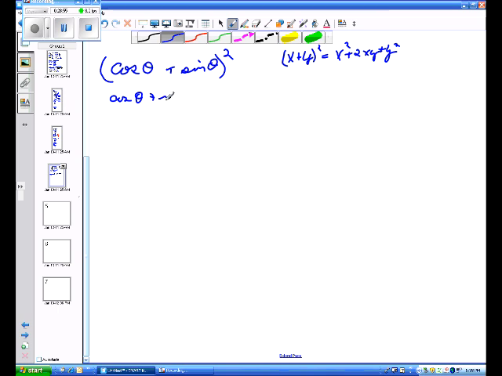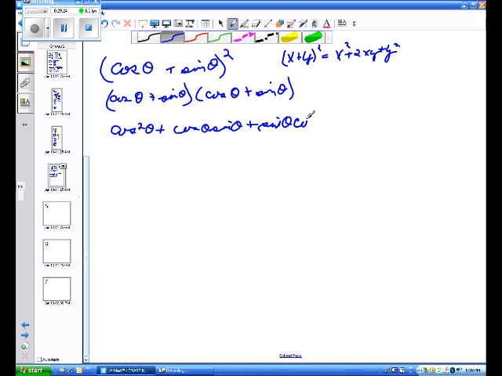Cosine theta plus sine theta times cosine theta plus sine theta. That's what it means to square it. And go through and use your distributive property or FOIL. So you would have cosine squared plus cosine times sine plus sine times cosine plus sine squared.